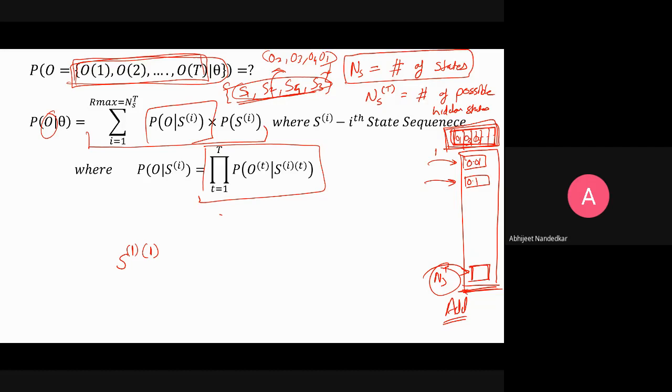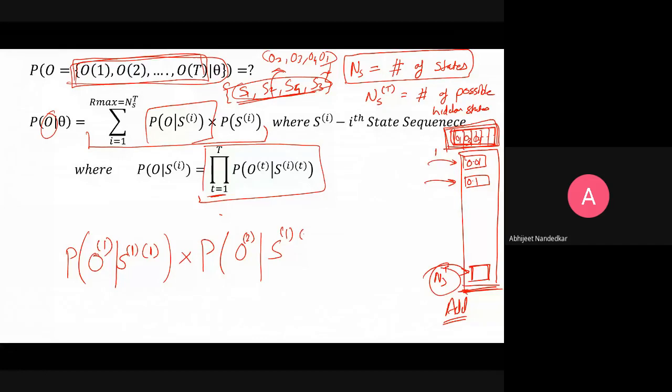So the probability of obtaining some symbol at time t equal to 1, say O1, into the probability of observing the second observation given sequence number 1 and then state number 2.